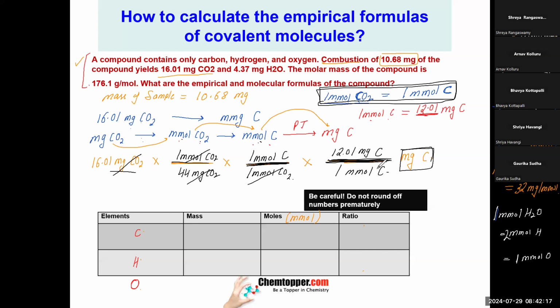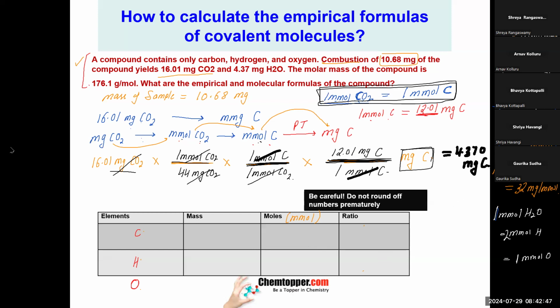Cancel this and you're left with milligrams of carbon. What's the answer? Gorika, are you understanding this dimensional analysis? Very good. 4.37, let's take 4.370 milligrams of carbon.